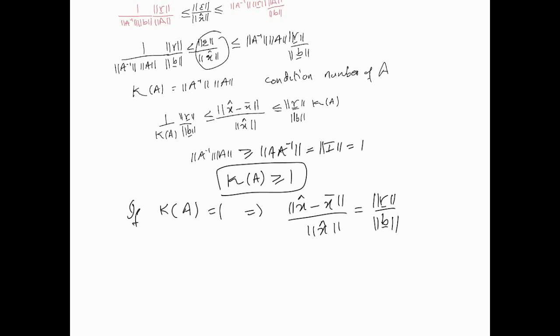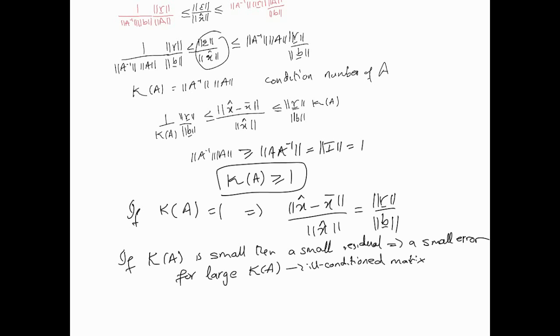So, on the other hand, we also note that if kappa of A is small, okay, then a small residual implies a small error, which is good news, which means we have confidence in the residual.